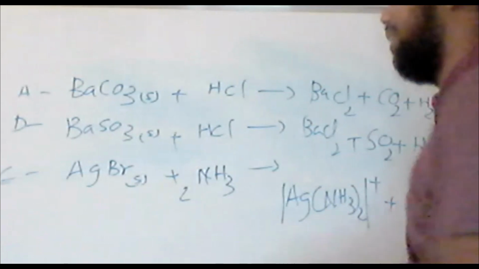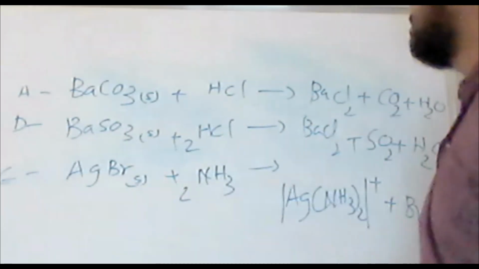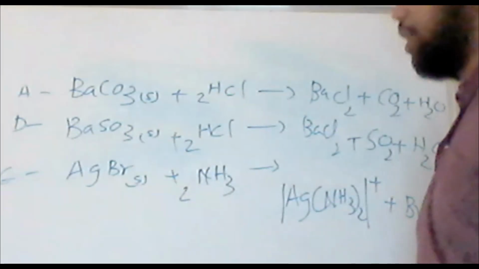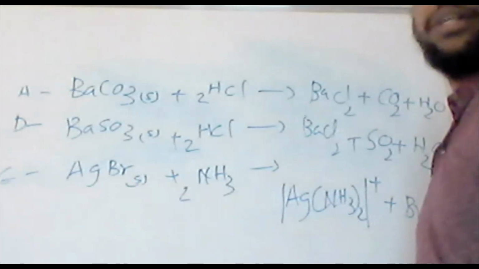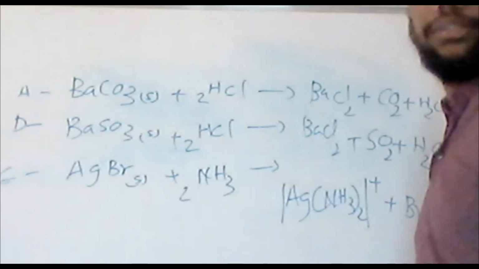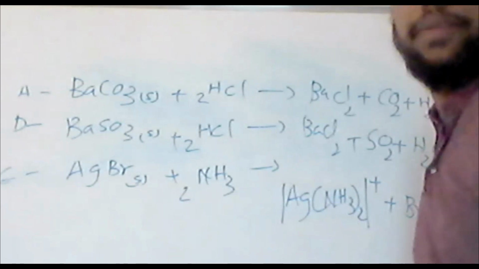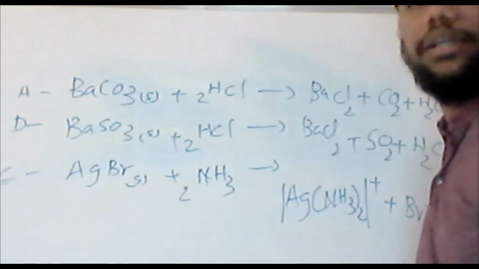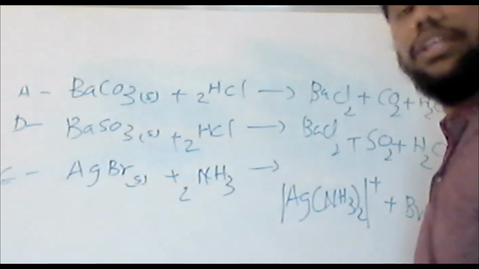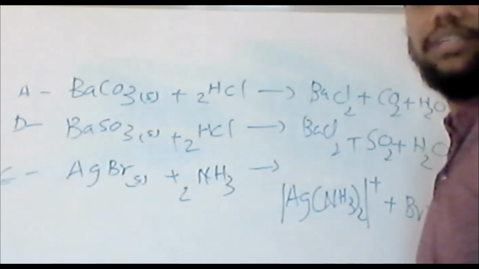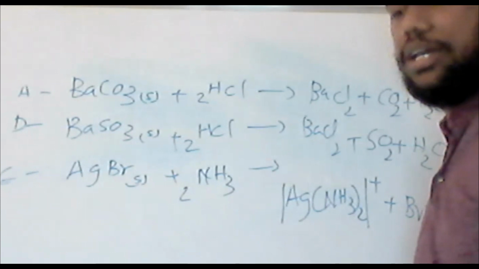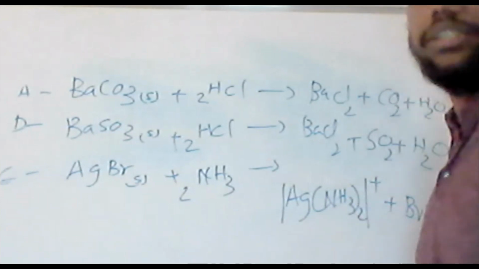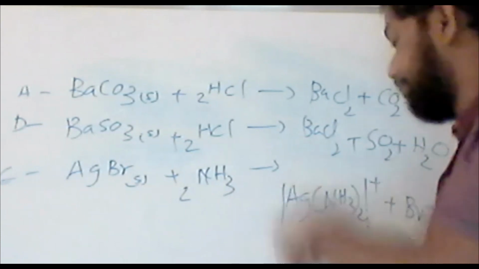In fact, they are balanced up to a certain point. So these are the three dissolution reactions: barium carbonate with HCl, barium sulfite with HCl, and silver bromide with ammonia. It gives a silver diamine complex, which is a positively charged species and colorless.